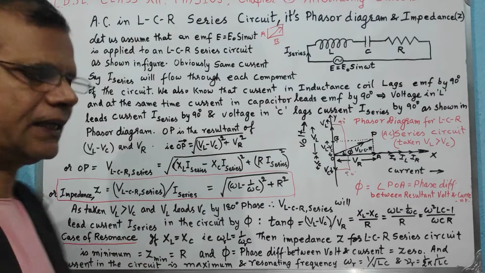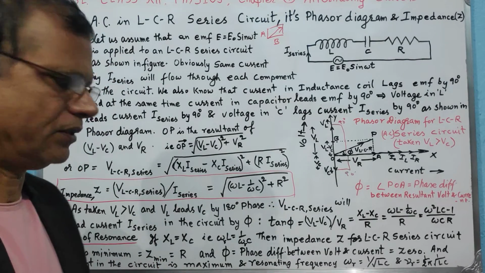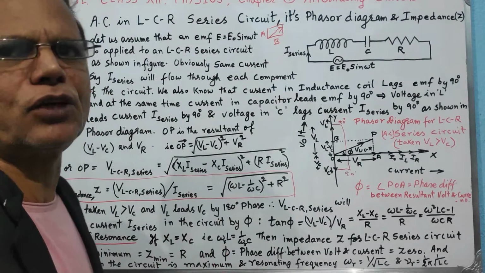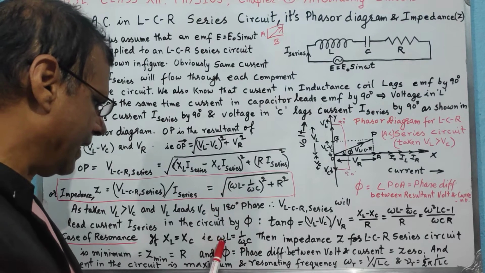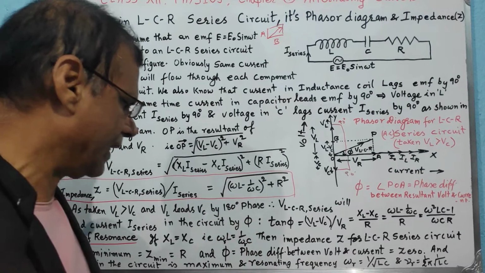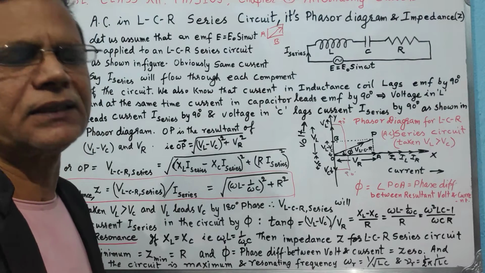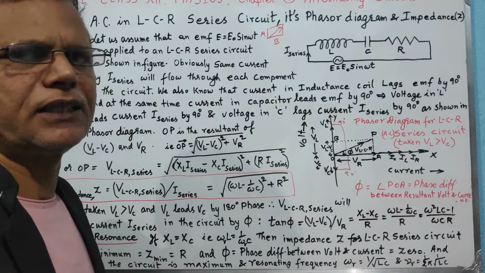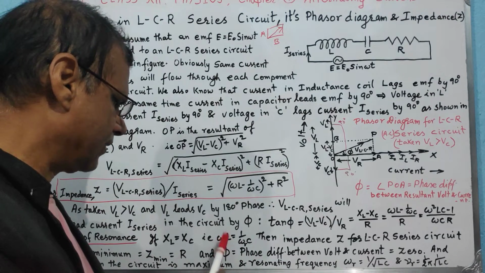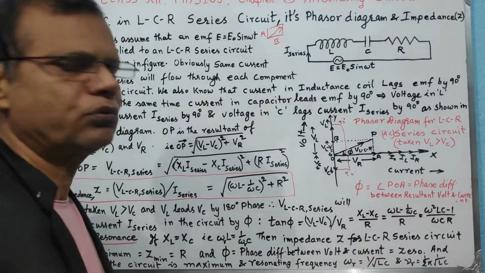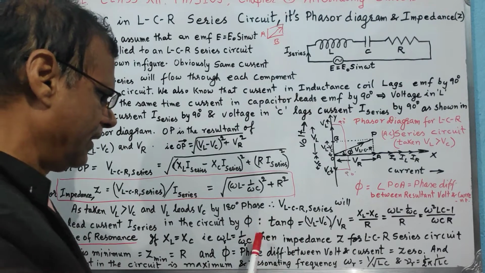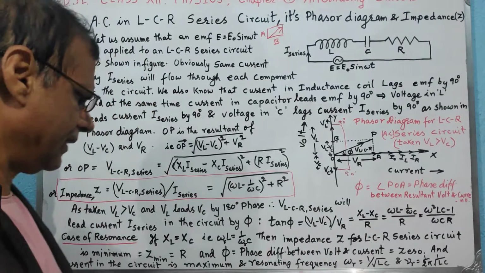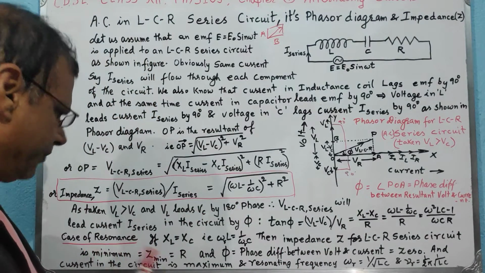Now we consider a case which is known as the case of resonance. What is it? If we take XL equal to XC, that means omega R L is equal to 1 by omega R C. Why are we writing omega R? The subscript R refers to resonance, the name given to such a situation. Here the impedance for the LCR circuit in the case of resonance will become minimum.